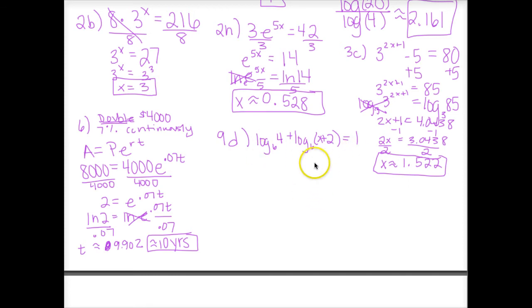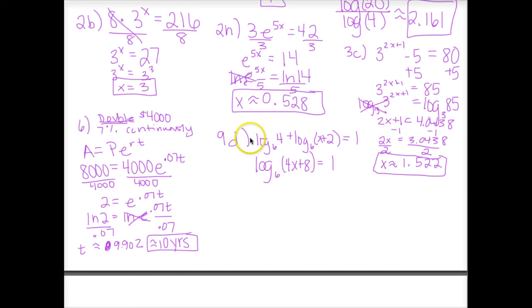Now, I tried to pick a trickier one here because there's 2 logs on the same side. You can't have that in solve. You have to condense it. So this is where our properties come into play. Since this is a plus, I know that I can condense that to a single log because they have the same base by using multiplication. So 4 times x plus 2, which would be 4x plus 8. Do not forget to distribute there when you apply your properties.